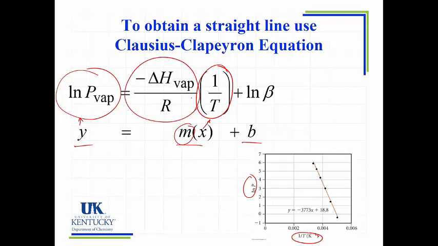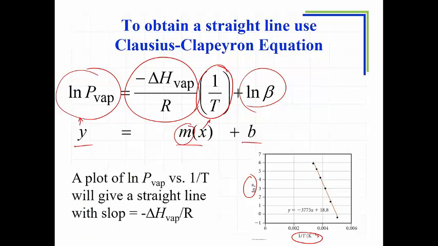And the y-intercept is the natural log of a value there that we will not discuss. So what do we see with this equation? We see that a plot of natural log of vapor pressure for a substance versus 1 over its temperature will give us a straight line with a slope equal to this value.